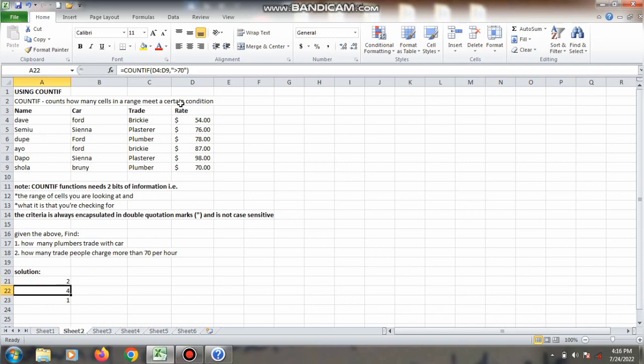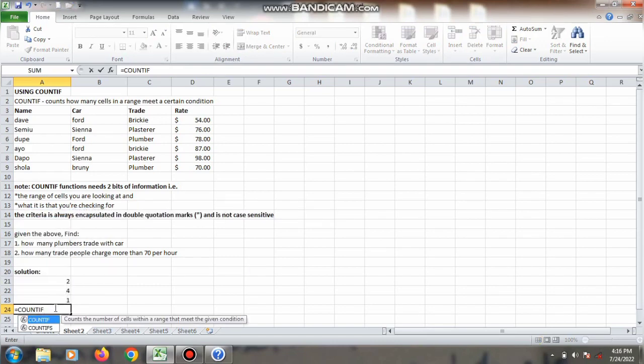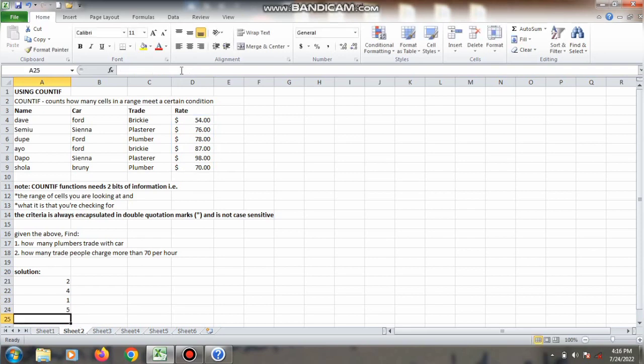Go to your cell reference: greater than 70, because we failed to include the 70. For us to include that 70, you have to do it with your equal sign. COUNTIF, your range of cells, comma, quotation, greater than or equal to 70. Immediately you put this equal sign, you are telling the system from 70 and above, then it will change to 5. That is our COUNTIF.